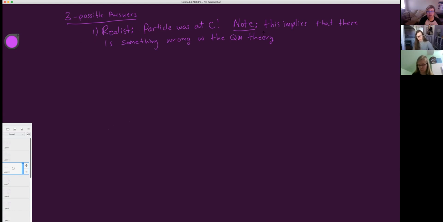You don't get a definite answer. It was at C at t equals 0, right? So this implies that there's something wrong, something incomplete.